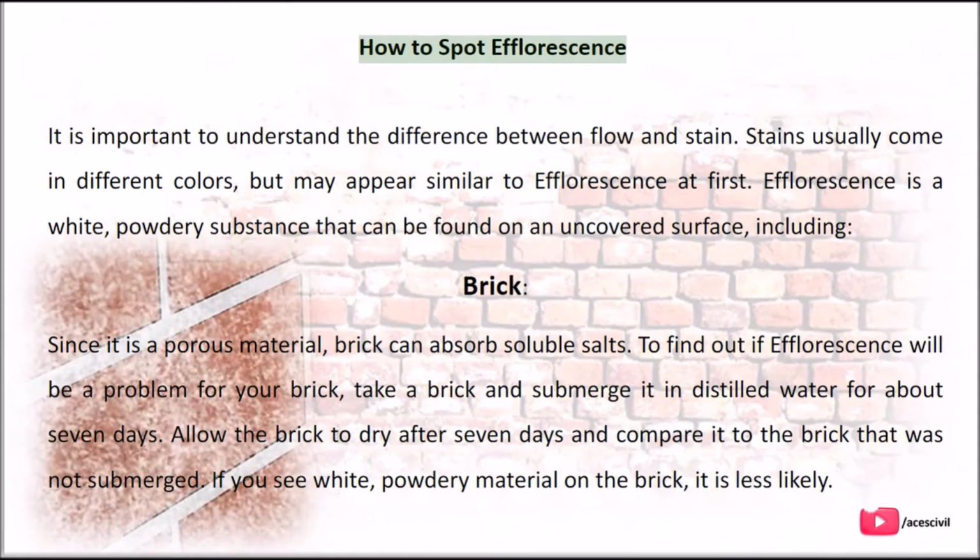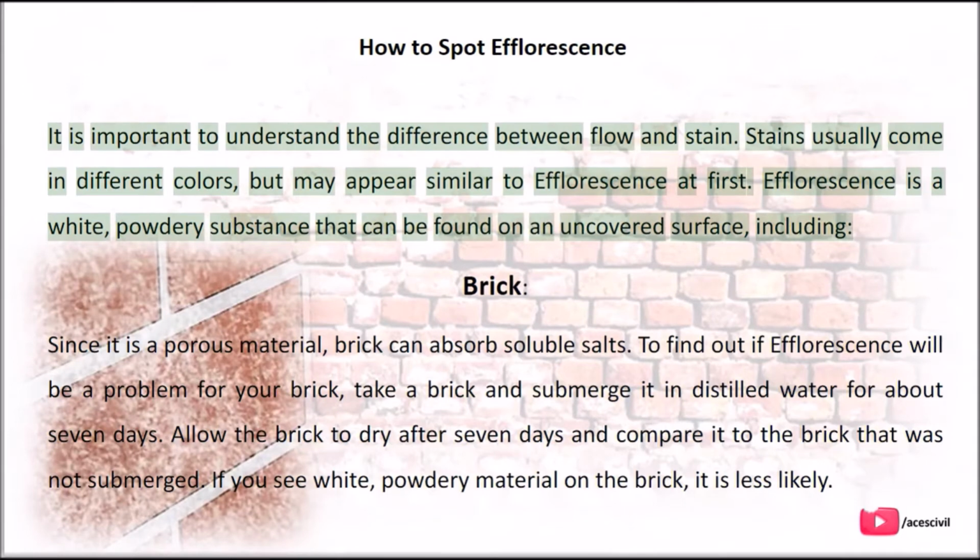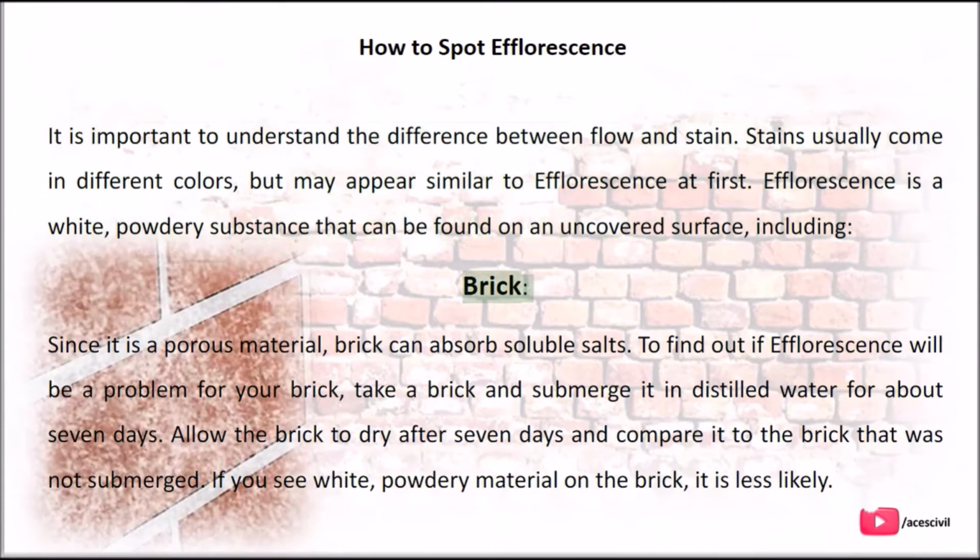How to spot efflorescence? It is important to understand the difference between efflorescence and stain. Stains usually come in different colors, but may appear similar to efflorescence at first. Efflorescence is a white, powdery substance that can be found on an uncovered surface, including brick.